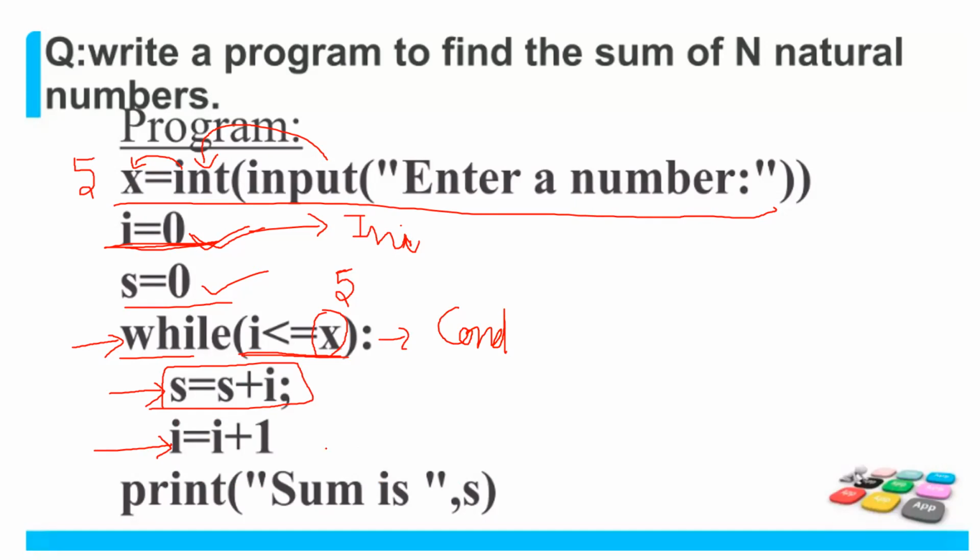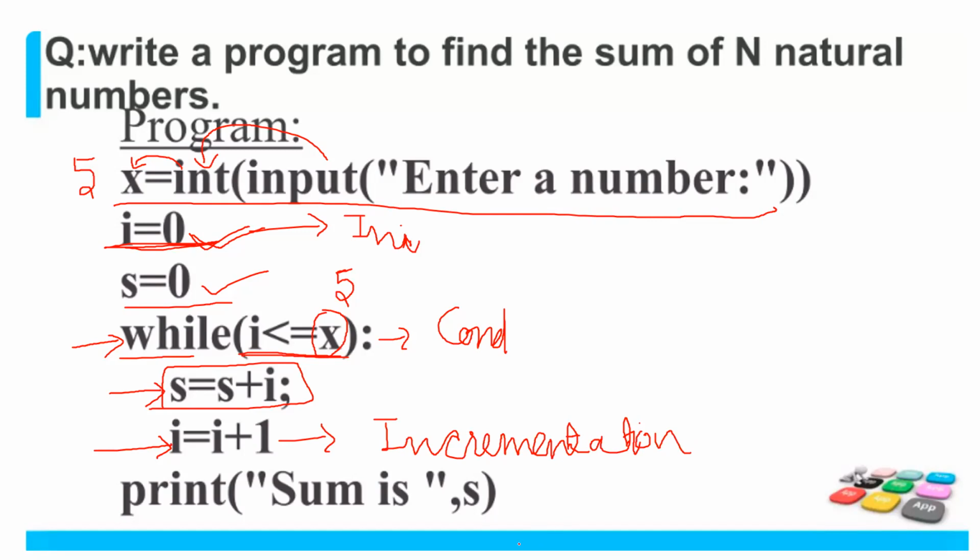And this is the point of incrementation. That will depend upon the type of question, whether we have to increment or decrement. But this question was asking to increase the value, so we have utilized the concept of incrementation.